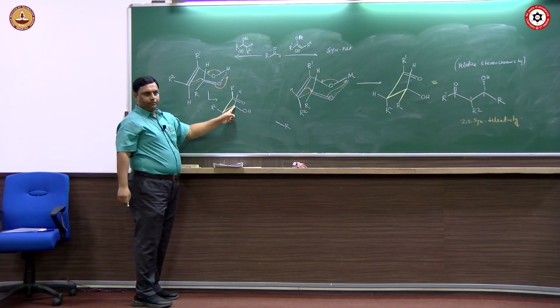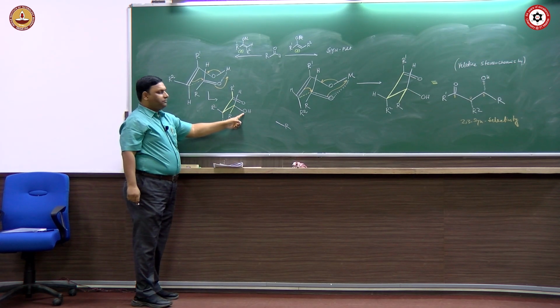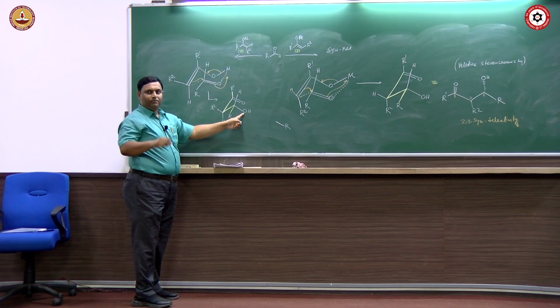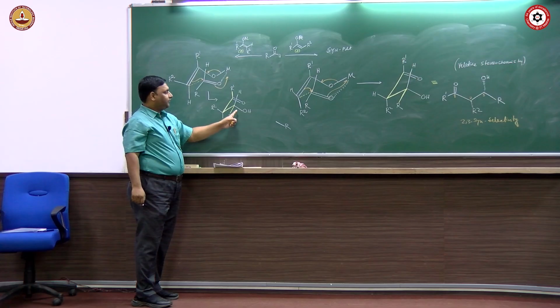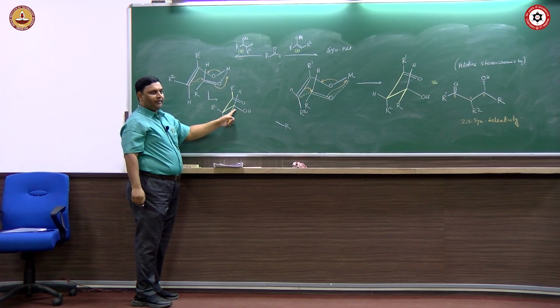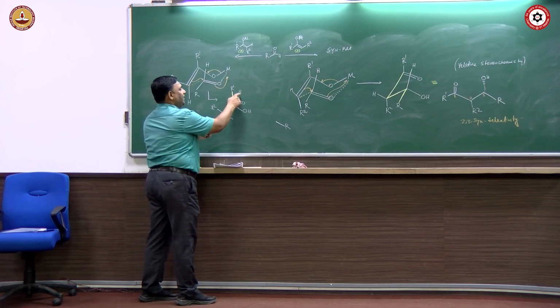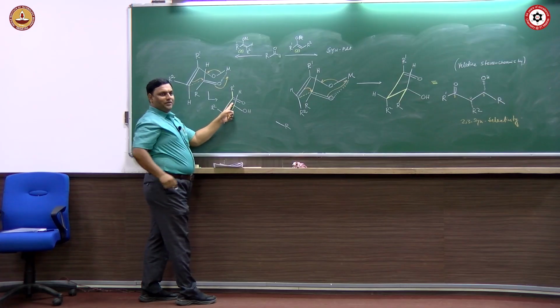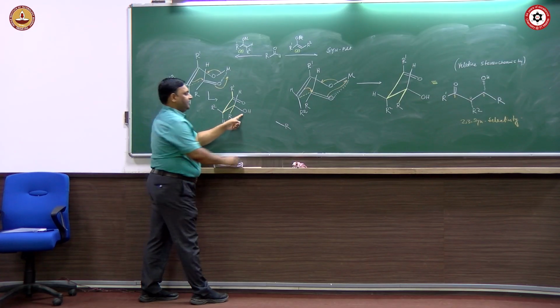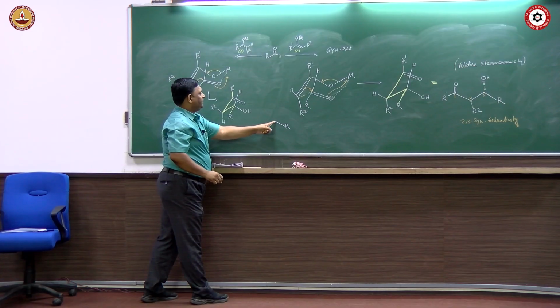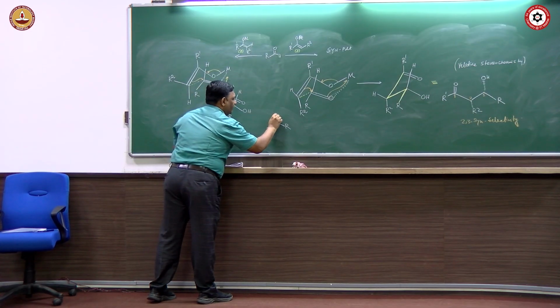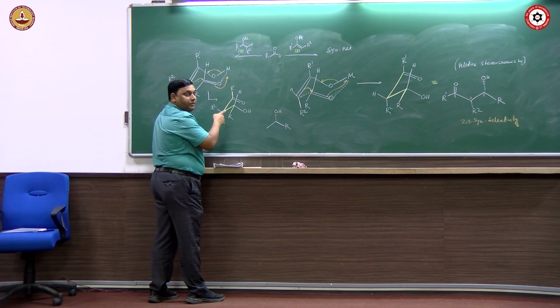I come to this carbon, and what should be the stereochemistry of the OH? Will I go to the beta or alpha? Yeah, it should be alpha because the other hydrogen is in the beta. Between the hydrogen and OH, so this is going to come down. The OH is the alpha and hydrogen is in the beta.